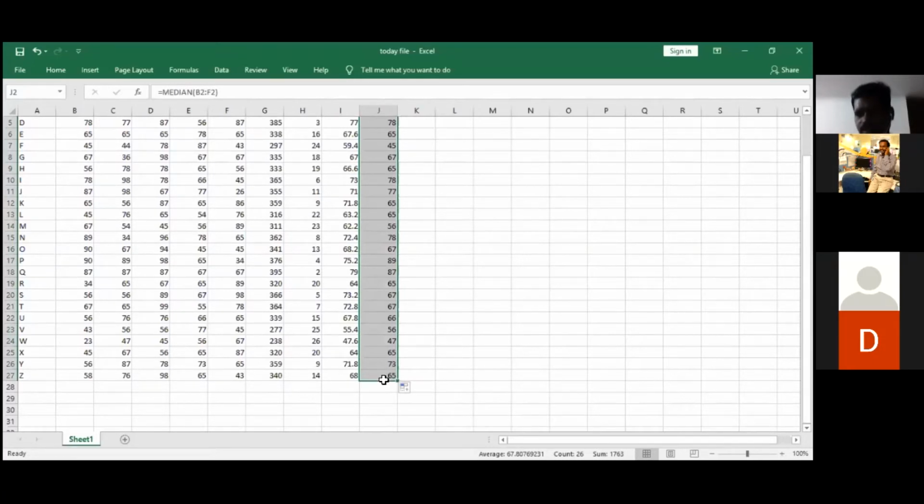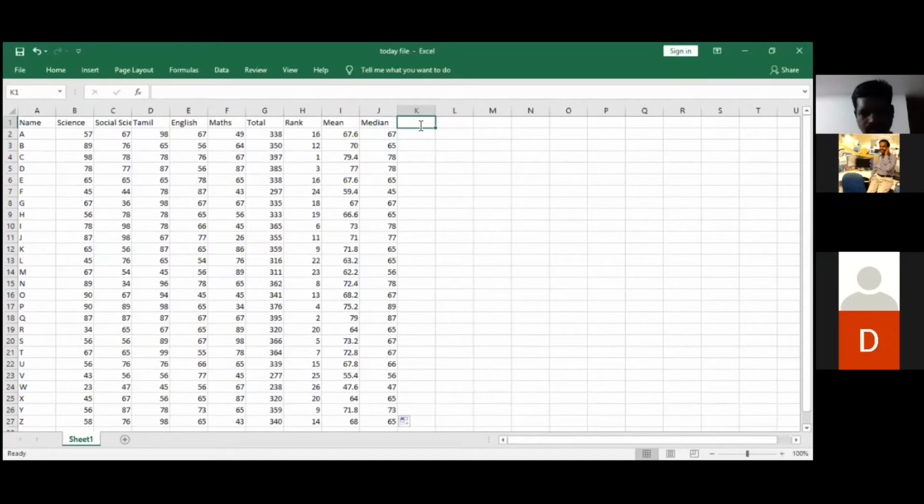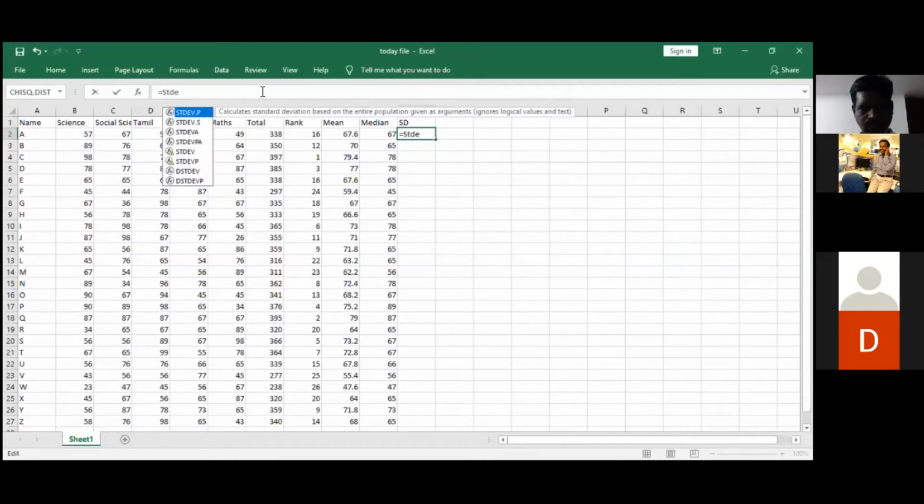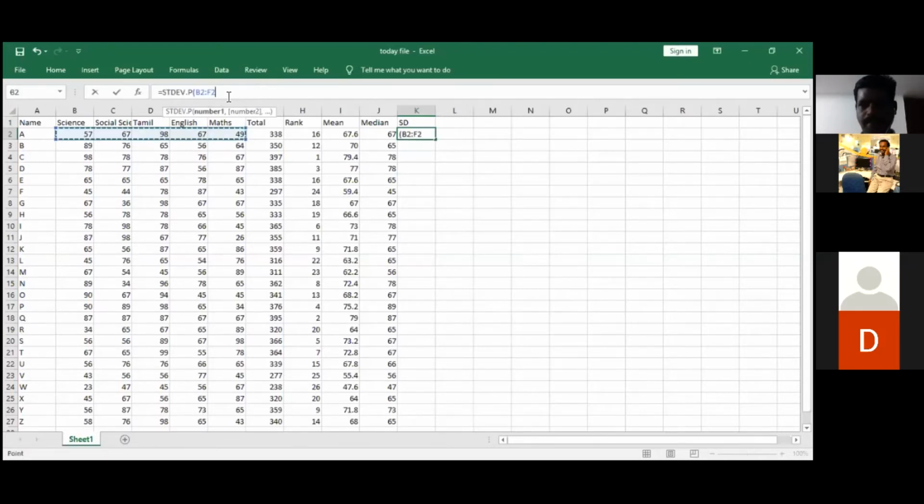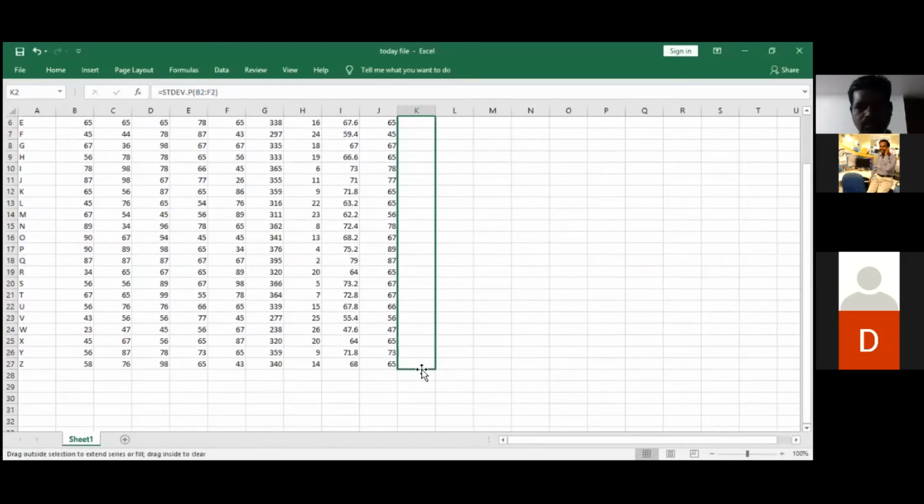Then standard deviation. This is the standard deviation.